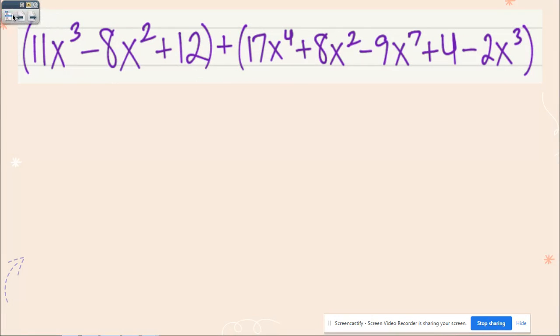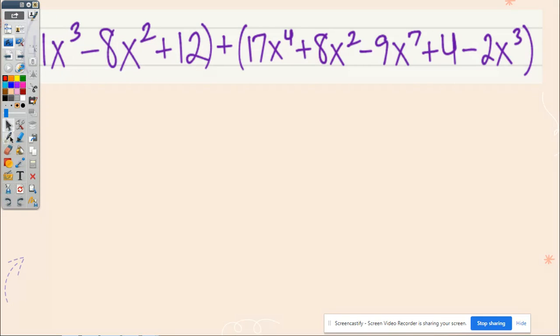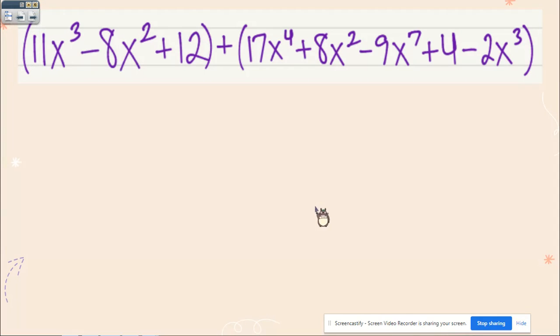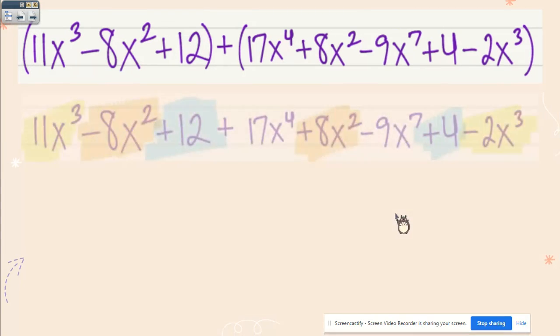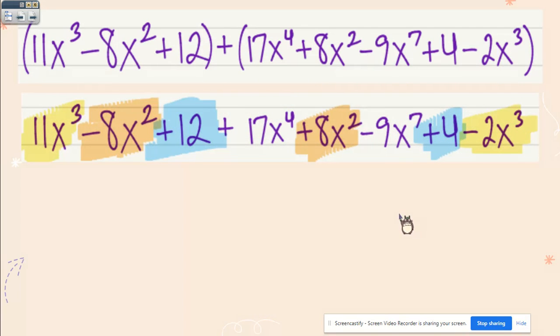So let's see how this happens. And don't forget that it might not matter for adding polynomials, but for subtracting, recognizing the 1 is going to help you.